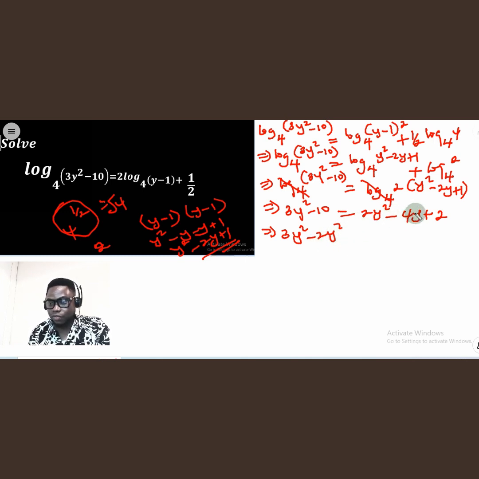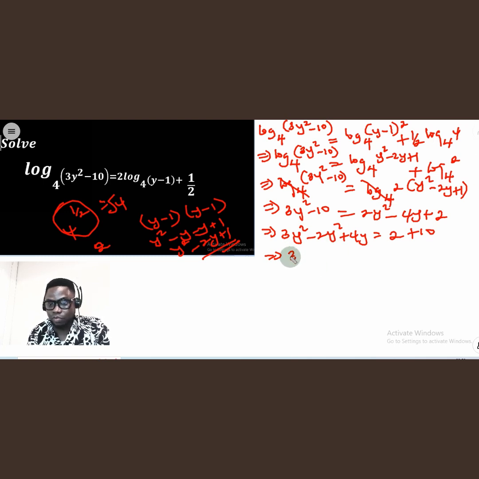Then this is minus 4y. I will cross it also to the left hand side, and it's going to be plus 4y equal to, then 2 is left here. Then minus 10 is going to cross to meet 2 and become plus 10. So I'm just going to say 3y squared minus 2y squared.